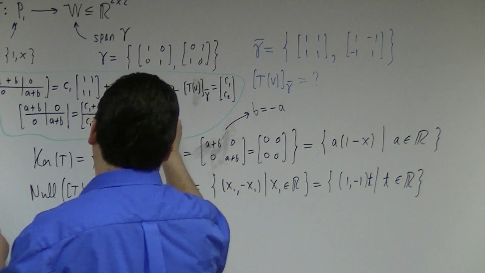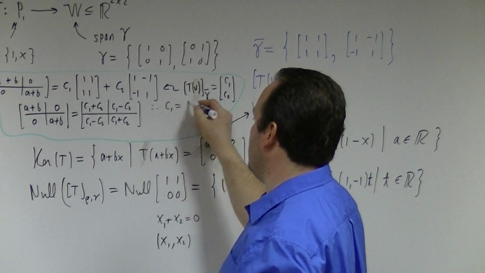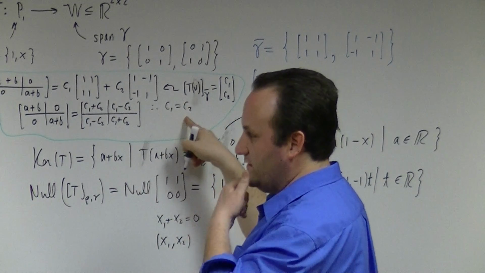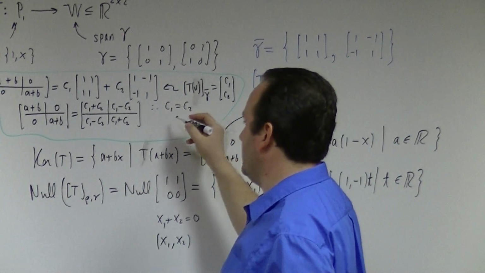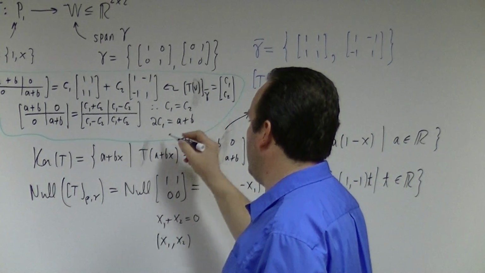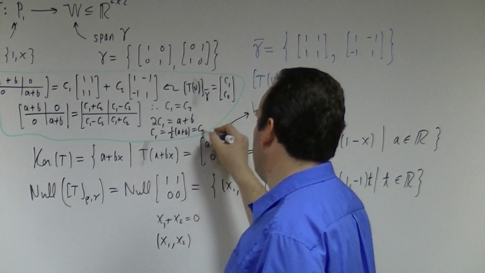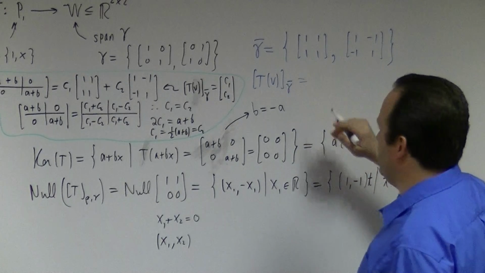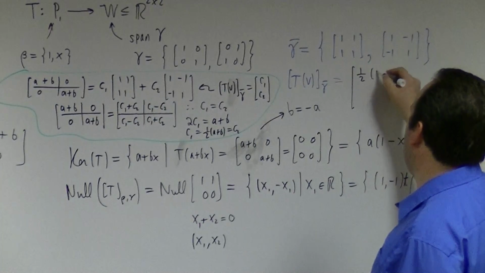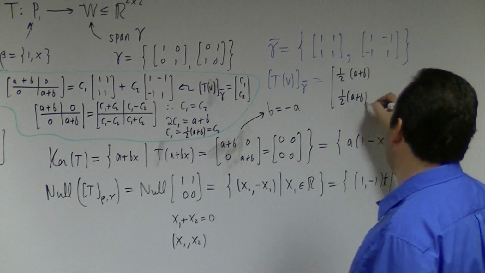C1 is equal to C2. And these ones tell us 2 C1 equals A plus B. So C1 is 1/2 of A plus B, and so is C2. So it's 1/2 A plus B, 1/2 A plus B.